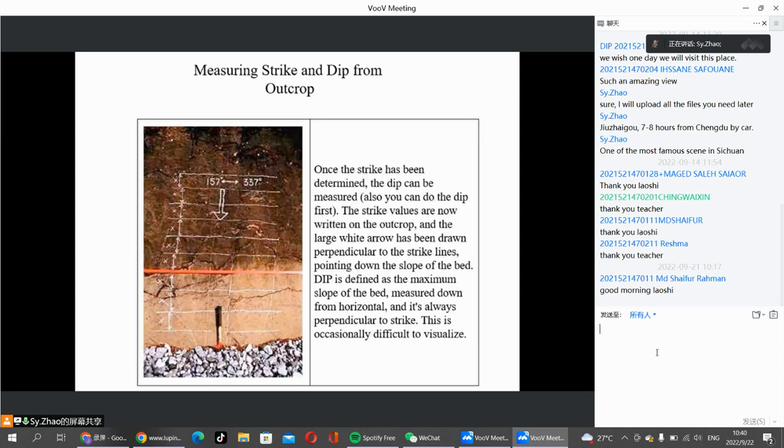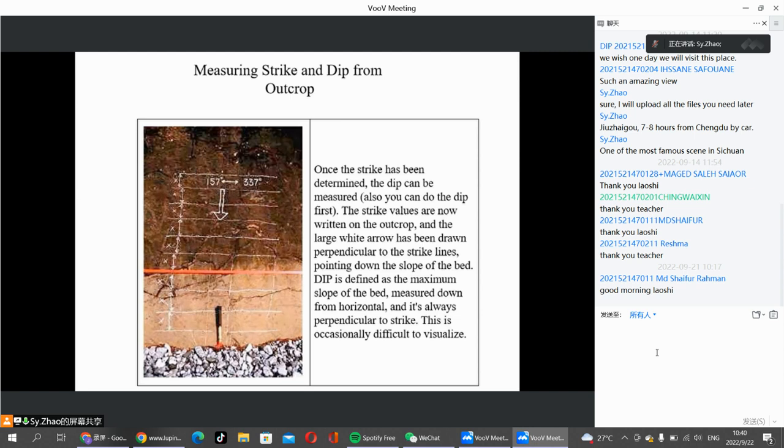Once the strike has been determined, the dip can be measured after that. Or also you can measure the dip in advance, prior to the measurement of the strike. And the strike values are now written.